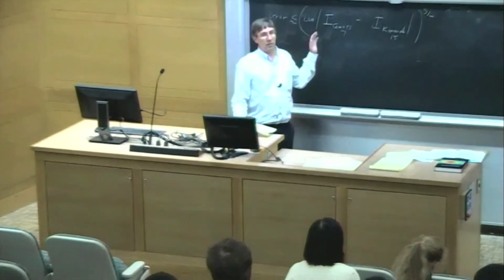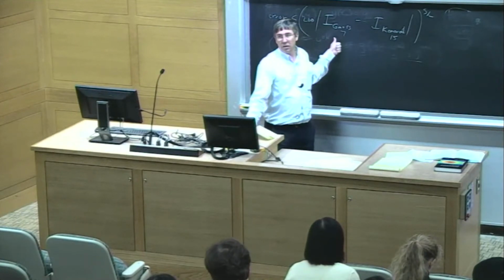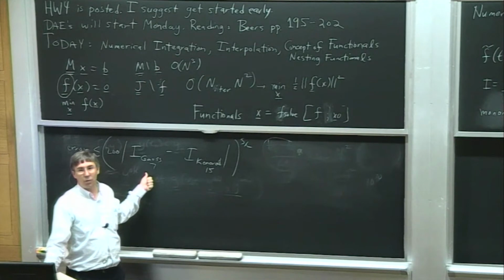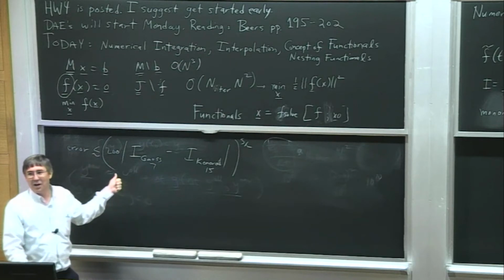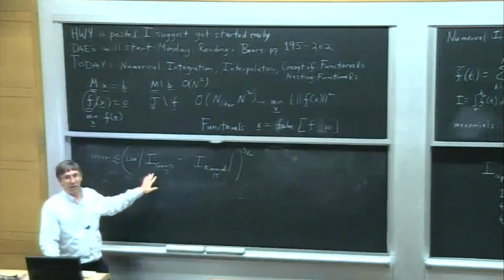So you do 15 function evaluations. You get a pretty accurate value for your integral, if it can be fit well with a 13th order polynomial. So any function that can be fit pretty well with a 13th order polynomial, you should get a pretty good value of the integral.